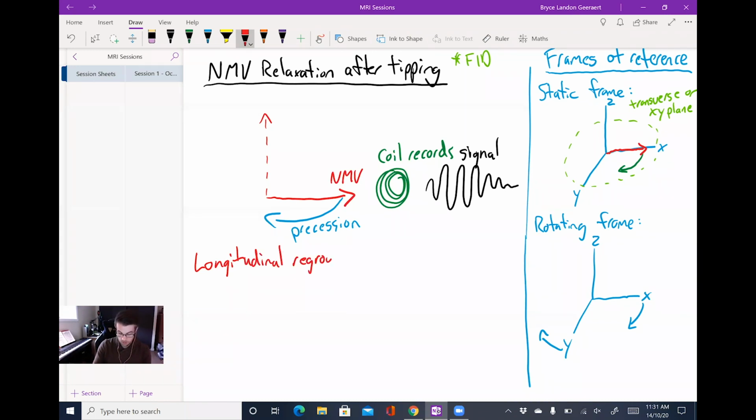I'm going to call it the longitudinal regrowth chart. So if we consider the magnitude of that red arrow in the diagram, our y-axis here is going to be the percentage of original NMV magnitude.